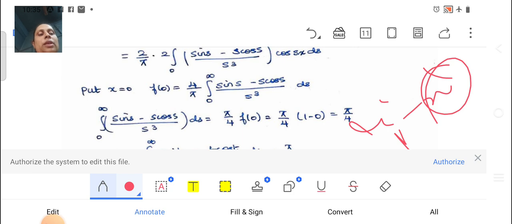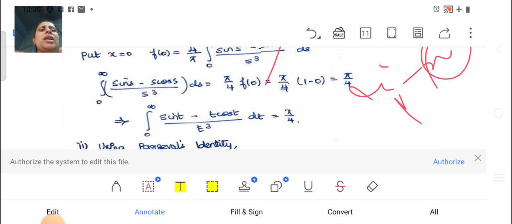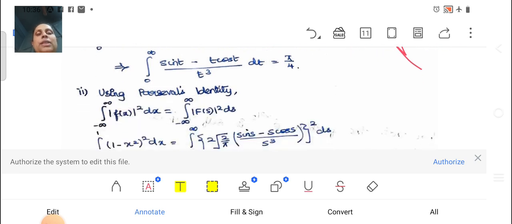So the left hand side is 1. After substituting s equal to t, the integral of (sin t − t cos t) by t³ dt equals pi by 4.